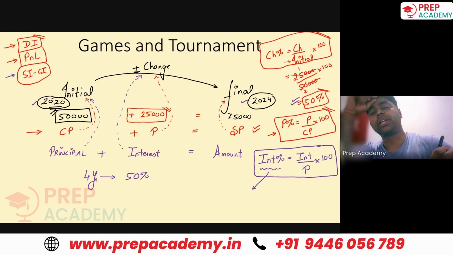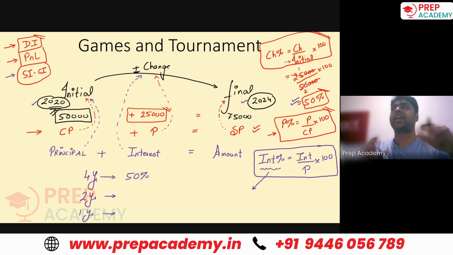So if in 4 years it is 50 percentage, what would that be in 2 years or in 1 year? Or if Henna says to me, sir, this time you give me 50,000 rupees, in a 2 years span I will return back 75,000 rupees to you, what would be my interest percentage then? Can you tell me?